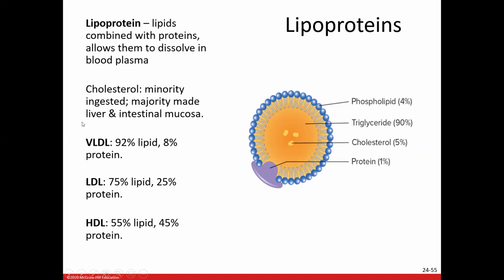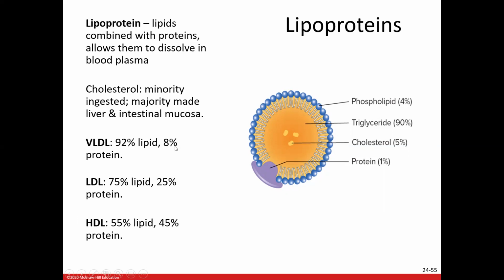And based on what the compound is, it can be transported in three different manners. You have your very low density lipoprotein, your low density lipoprotein, and your high density lipoprotein. Your very low density lipoprotein and your low density lipoprotein are known as bad cholesterol because they have a much higher lipid concentration relative to the protein concentration.